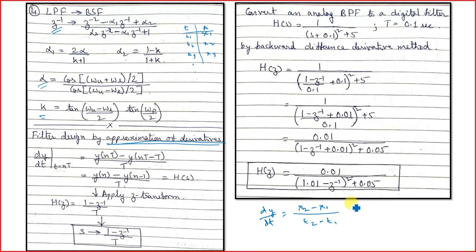However, in the case of digital signals, t2 minus t1 is equal to t3 minus t2, which is equal to t4 minus t3, which is equal to capital T, which is equal to 1 by fs, the time period of the sampled signal.